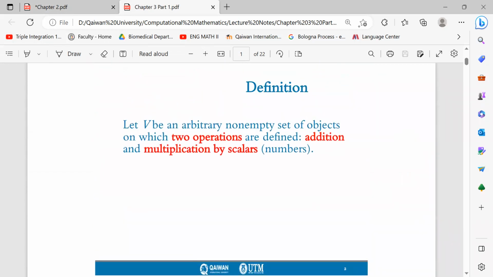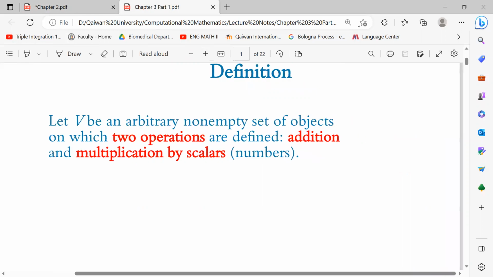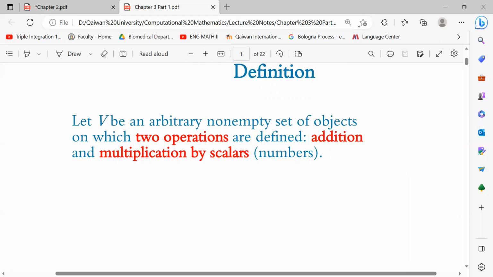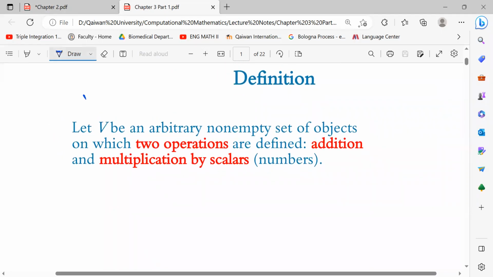We say, let V be an arbitrary non-empty set of objects. That means V is a set of vectors. In V, we have some vectors, let's say V1, V2, V3, and so on.